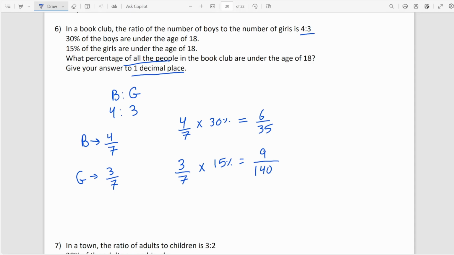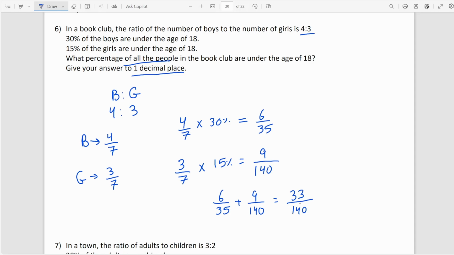And this is for the boys. So what is the percentage of all the people that are under the age of 18? I will add both of my fractions firstly. So adding this on the calculator gives us 33 over 140.